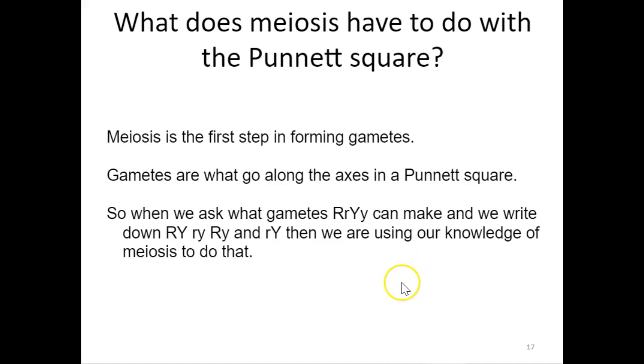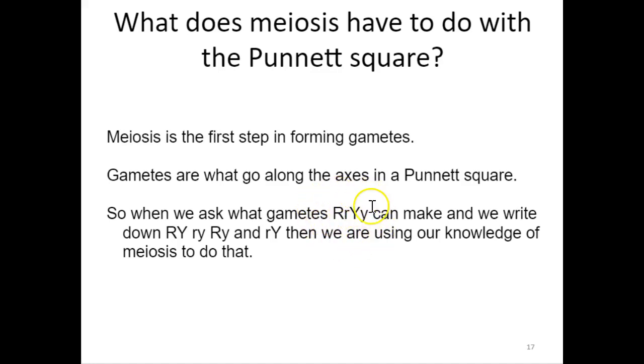So when we're making a Punnett square and we're saying, here's this organism, two genes, heterozygous for both gene pairs. It's big R, little r, big Y, little y. And we ask the question, well, what would happen if this organism mated with another organism of the identical genotype? Well, if you want to model that with a Punnett square, you have to ask, what gametes can this double heterozygote make?